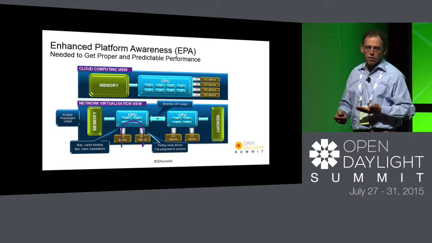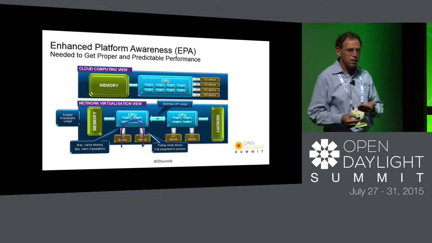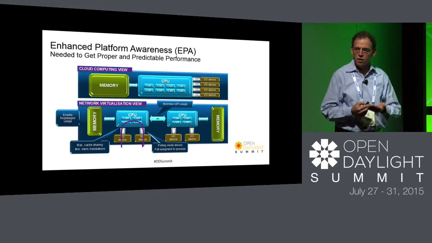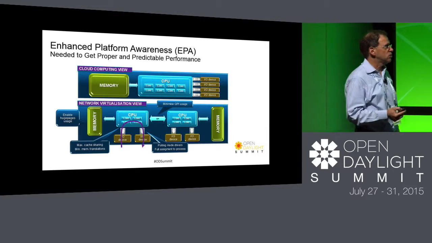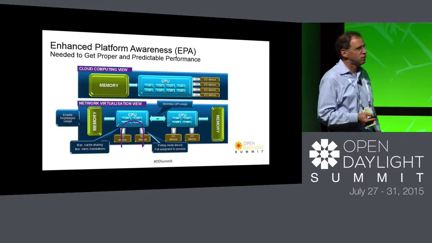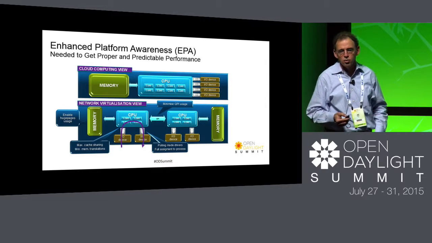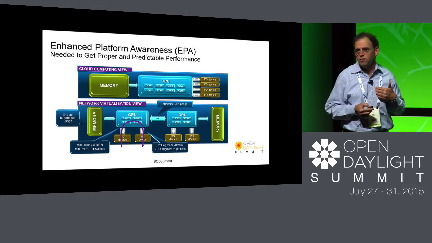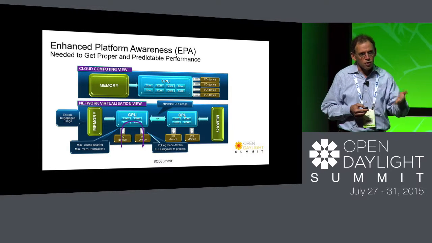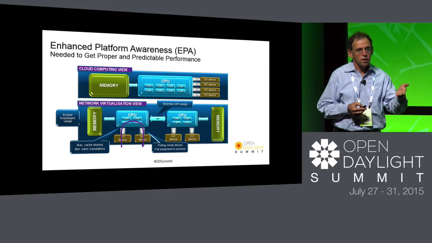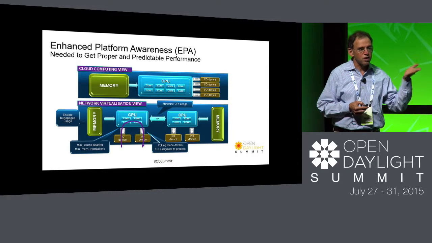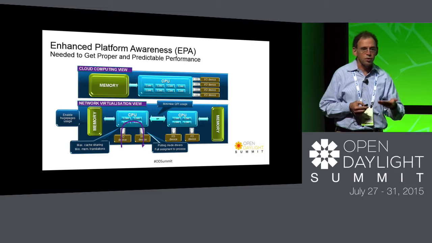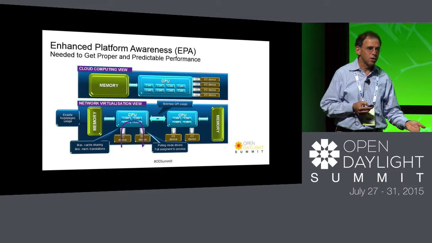My performance is going to vary dramatically, and the utilization of my platform, along with the cost of running that, is going to vary dramatically. So what I want to do is be aware of that. I obviously don't want to do that as an application developer. I want to trust my orchestrator to do that for me. I want to trust my SDN controller to take care of the networking aspect of that.